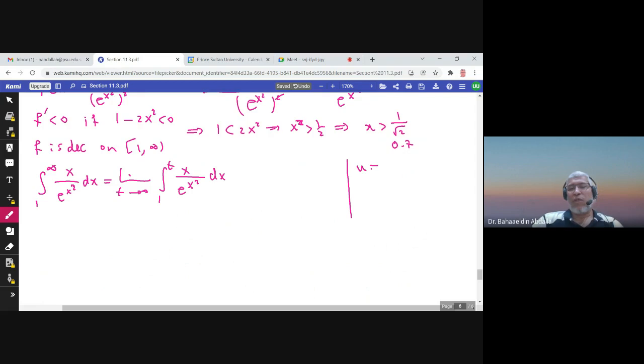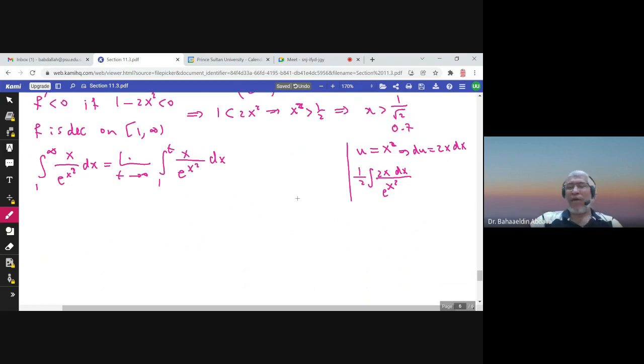So this is a simple substitution. Just take u as x squared. Du would be 2x dx. So I need 2x for the indefinite integral, and I will put a half outside. So it would be half the integral of du over e to the u.